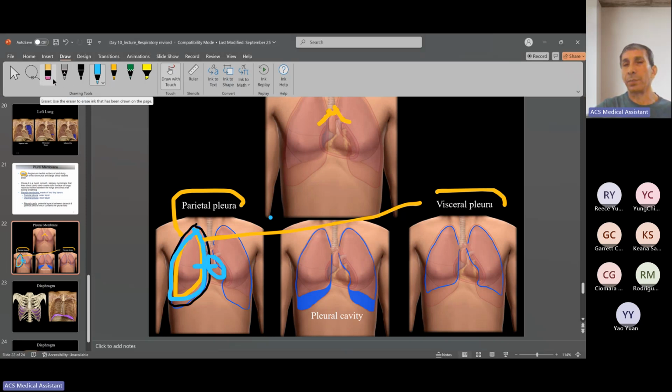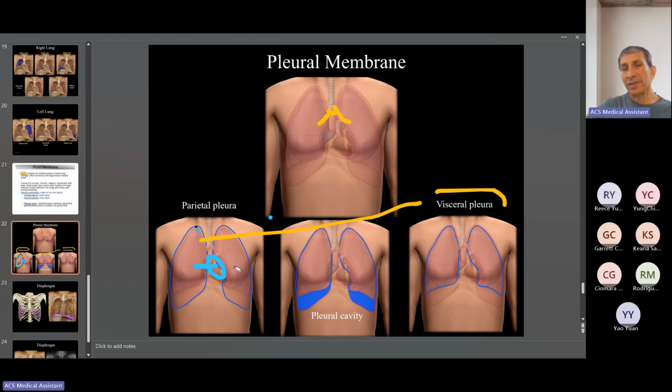So that is the pleural membrane with these two layers, the parietal and the visceral, plus the pleural fluid inside. So that is what is depicted right here in these pictures. We can see the lungs with each one of these membranes, and it says right here, the pleural cavity, because it's this part that they make a little wider, where all this liquid runs underneath, in between these two layers.